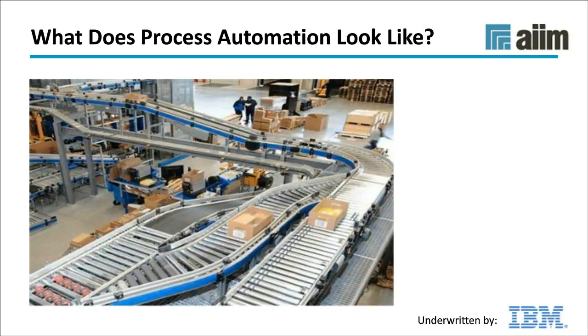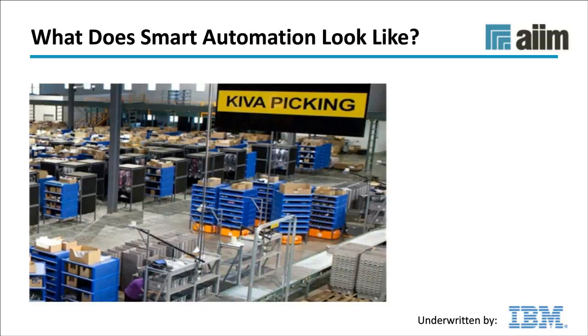that's so fixed. So to extend that metaphor and really look at what does smart automation look like, I would say it looks more like this. Here's another fulfillment center. This one happens to be Amazon's, where it's using Amazon's investment in Kiva Robotics, the little orange, kind of flat robots that look like a big Roomba. They're underneath these blue boxes.